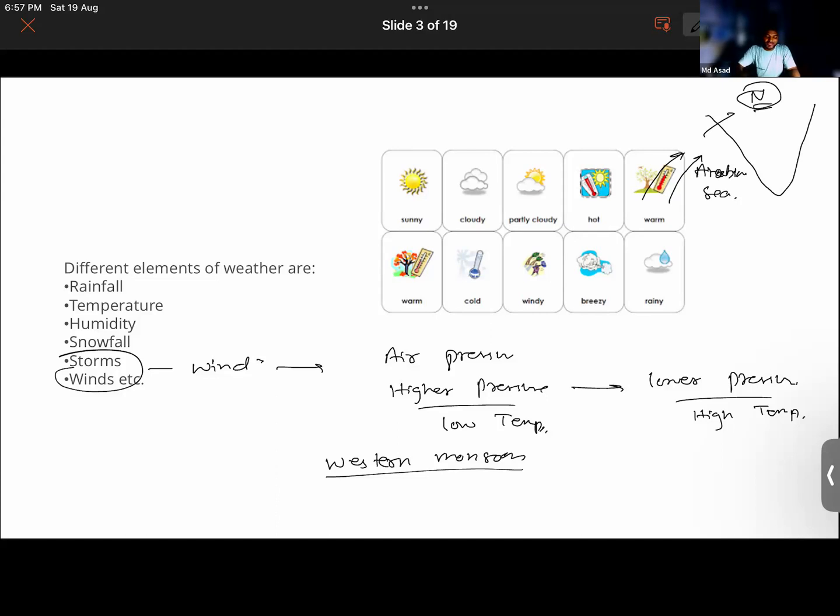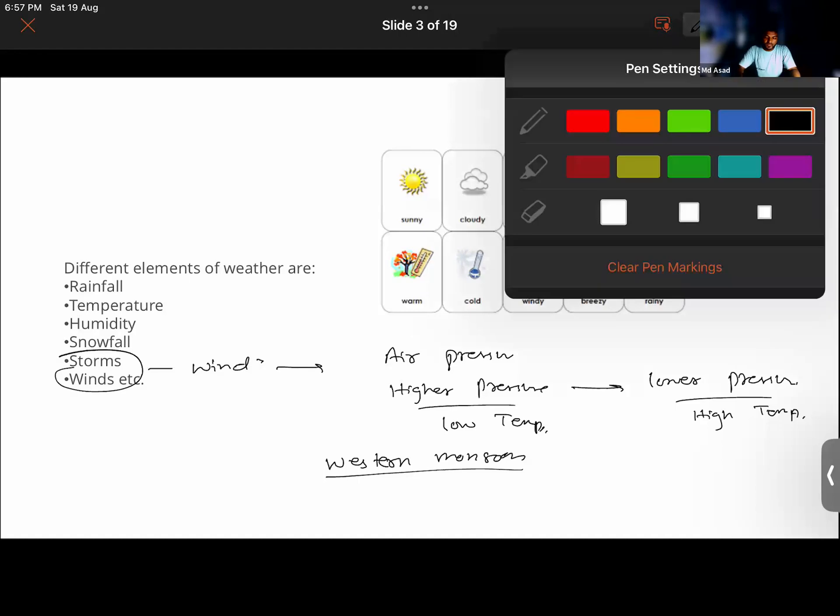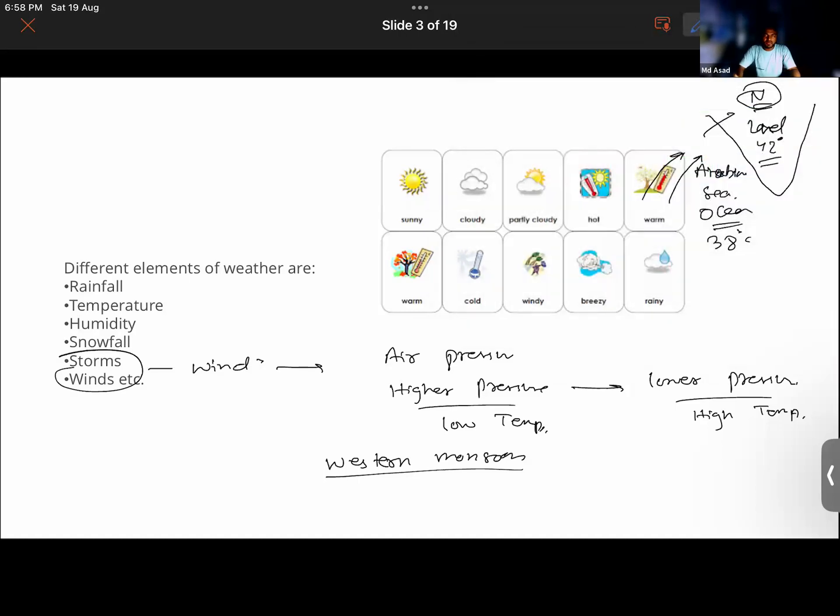So this is your land here, and this here is the ocean. Say the temperature here is 38 degrees Celsius and here it is 42 degrees Celsius, just taking an example. Obviously there's a flow of air from the ocean towards the land surface, and that air carries moisture along with it.